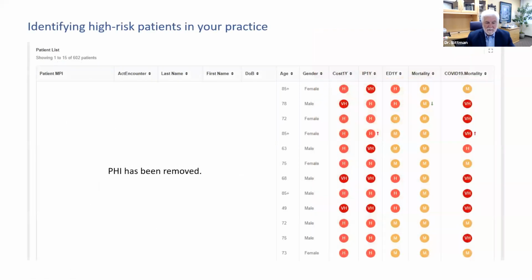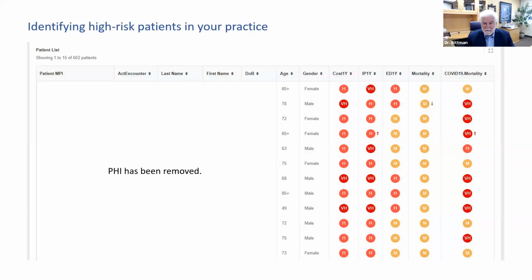This is a really cool screen. Now where it says PHI has been removed, these were lists of names. So every row represents a different patient, and I removed those names for the purposes of maintaining HIPAA security. But if you look at this list, this is an example of a roster in MX Analyze from a particular practice.